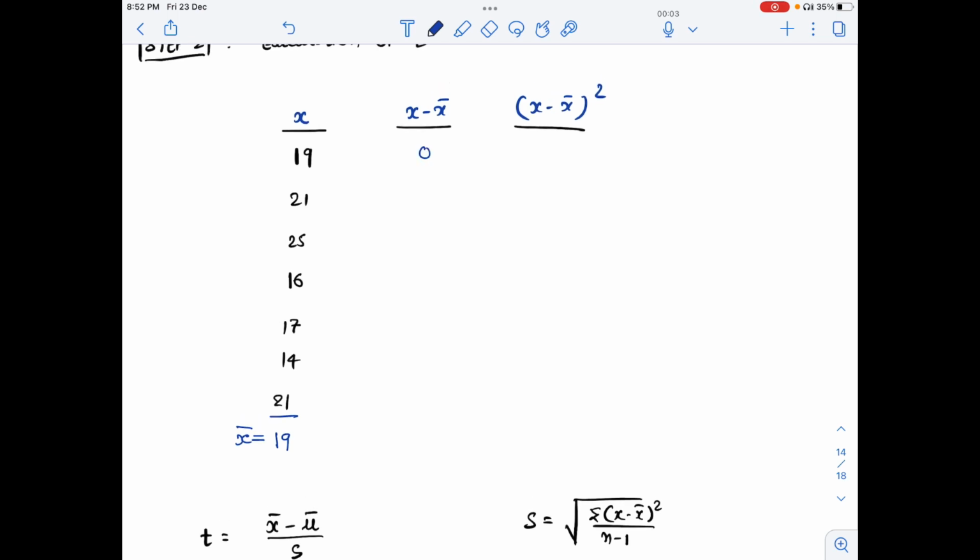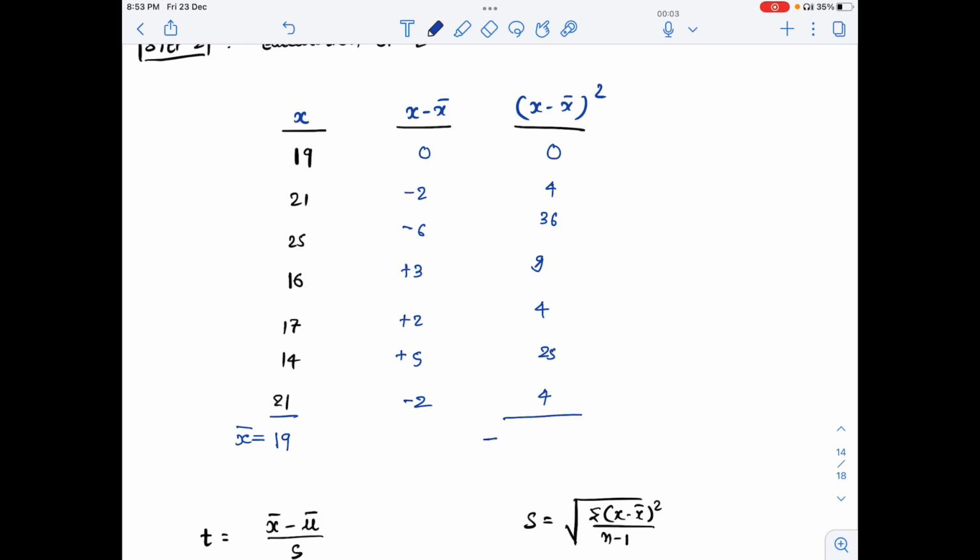Now the deviations will be 0, minus 2, minus 6, plus 3, plus 2, plus 5, minus 2. We will square them. This is 9, this is 4, 25 and 4.